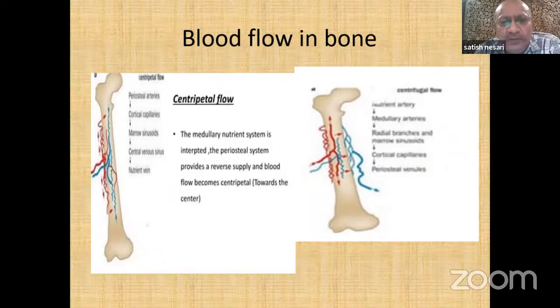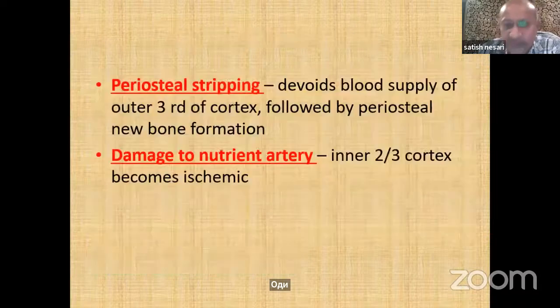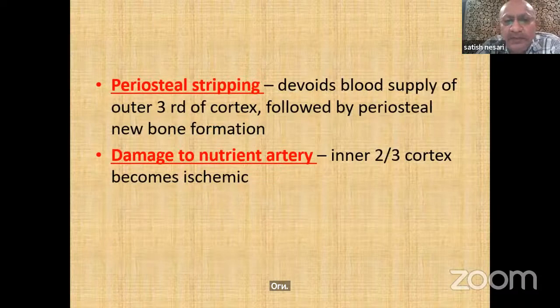In a bone, we have centripetal blood flow, where blood enters the bone from the periosteal vessels and comes out from the nutrient vein. Whereas in centrifugal flow, blood enters the bone through the nutrient artery and comes out from the periosteal venules. So when we do periosteal stripping, this divides the blood supply to the outer third of the cortex.